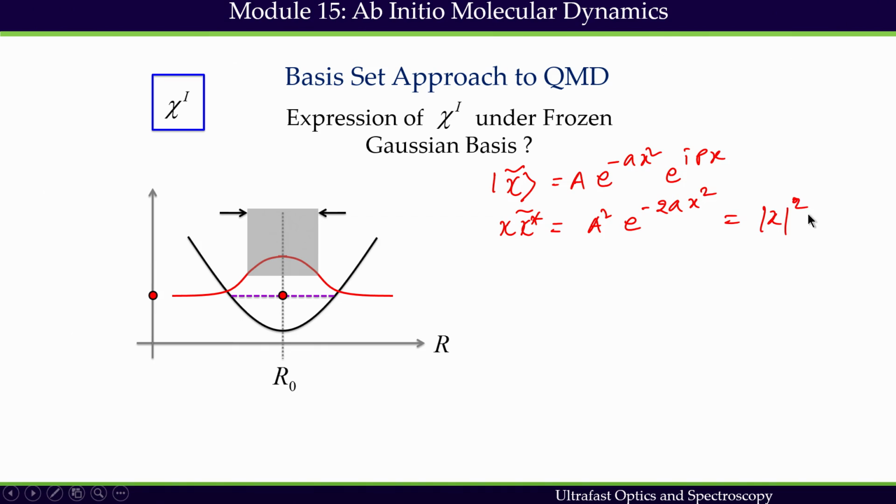Now we'll do the normalization, and for normalization we take the integration from minus infinity to plus infinity over dx, which we get to be 1 if it is a normalized function.